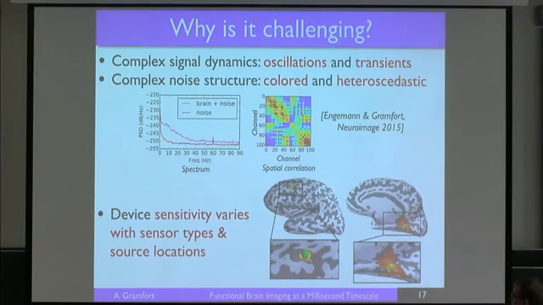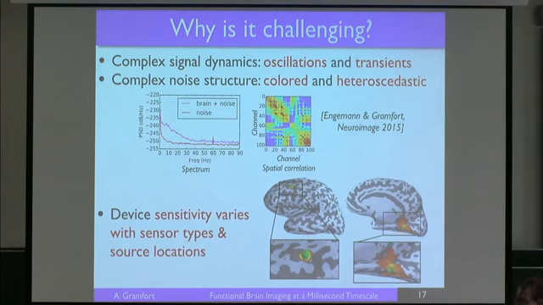Something which is also quite uncommon for image processing people is that we have a sensitivity of the device which depends on where you are in the brain. Here in this picture you see a source which is very superficial, very close to the sensor. I'm not really telling you what this picture quantifies, but you see a small dot, which means a small uncertainty. Be careful with what I imply by uncertainty here.